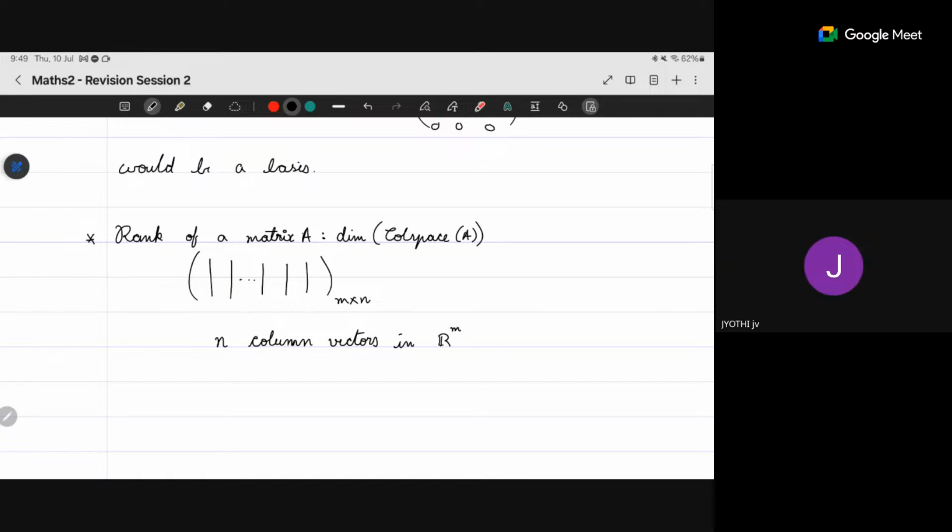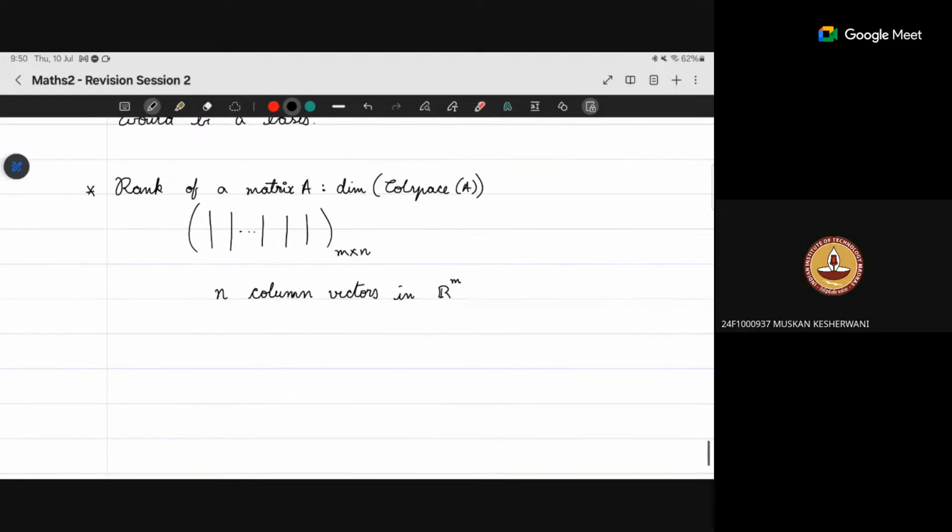They are in Rm. Yes, m rows and n columns.